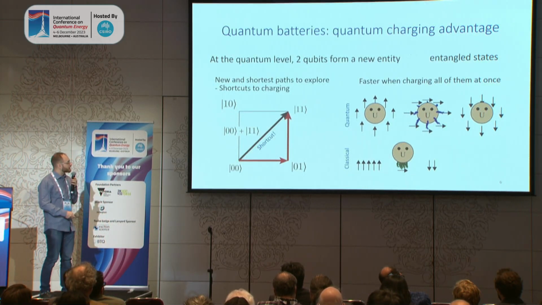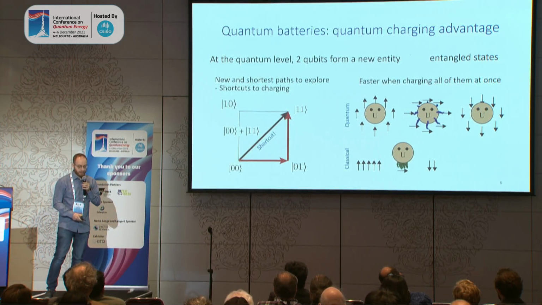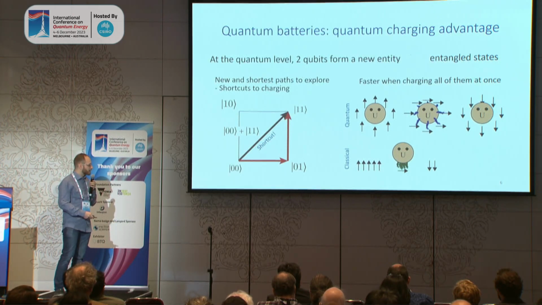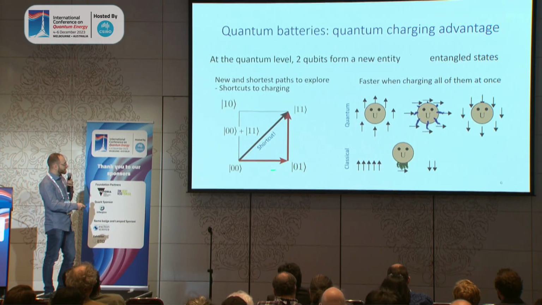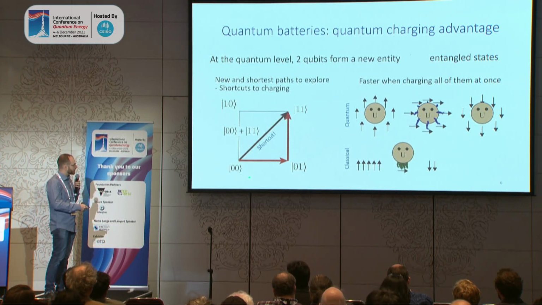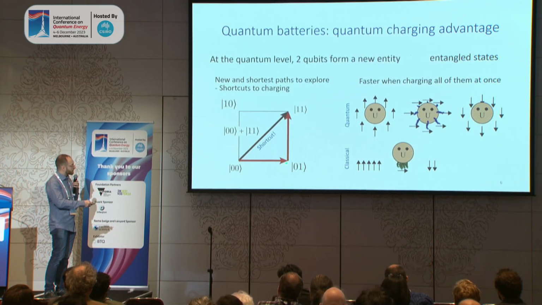And one feature is that quantum physics allows entangled states, which actually expands the states that you can go through, and this creates some sort of shortcuts. Classically, you can think about charging as just going onto these paths, which are perfectly classical. There's no entanglement. So you take this one, you charge it, and then you charge the second one, and you get to the charged state.